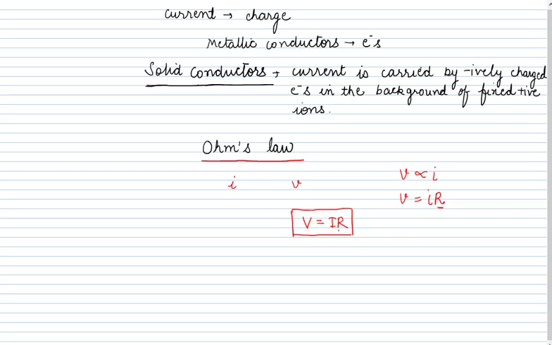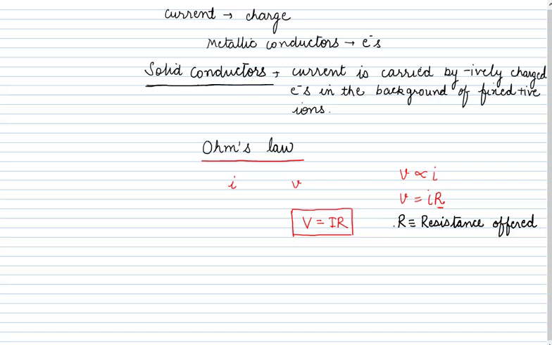So R here is a constant of proportionality, and this is the resistance of the conductor. R is the resistance which is offered to the flow of electrons or to the flow of current. And this resistance is offered within the conductor itself, right? It is constant for a particular conductor.